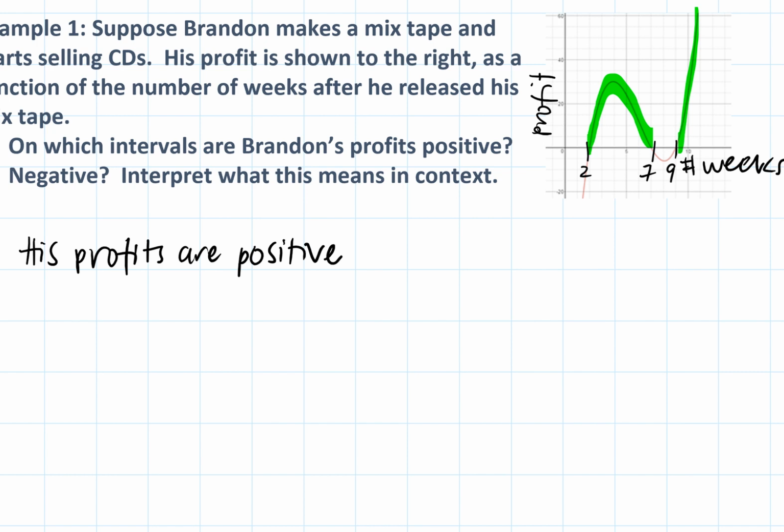This means he's making money, right? At 2 weeks and exactly at the 7th week, he's breaking even. He's spending the same amount of money as he's making. But between weeks 2 and 7, not including weeks 2 and 7, he's actually making money. He's spending less than he's earning.